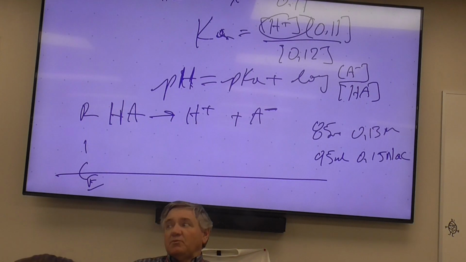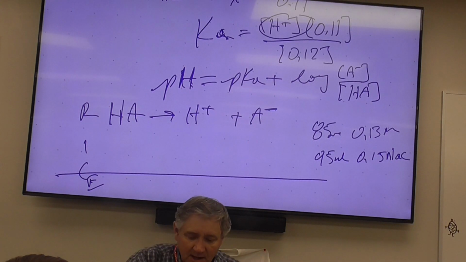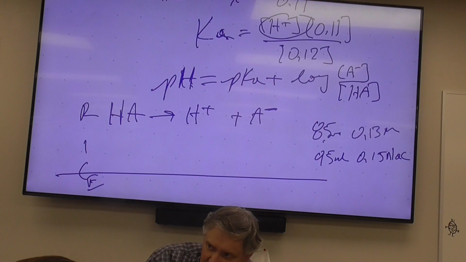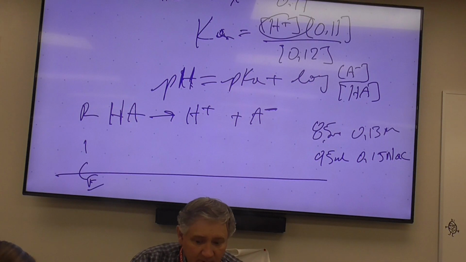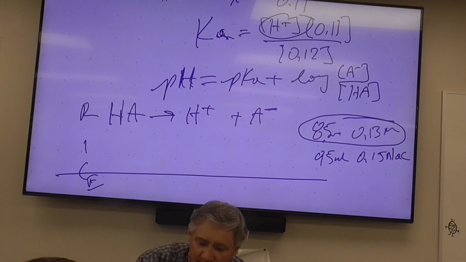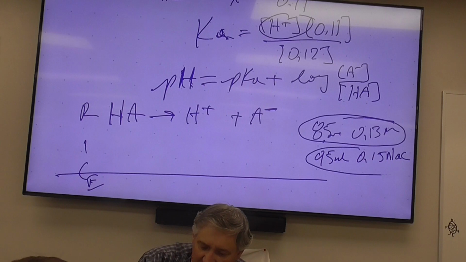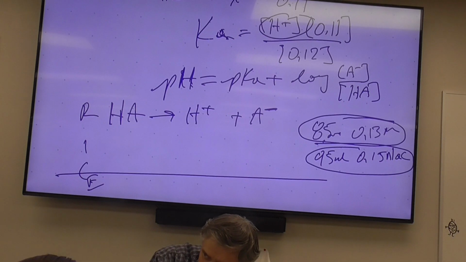So here's what you've got. This is what I would do, because I hate decimal places. I take 85 times 0.13 and figure out how many millimoles I have of this to start with. And then I take 95 times 0.15 and figure out how many millimoles of that I have.